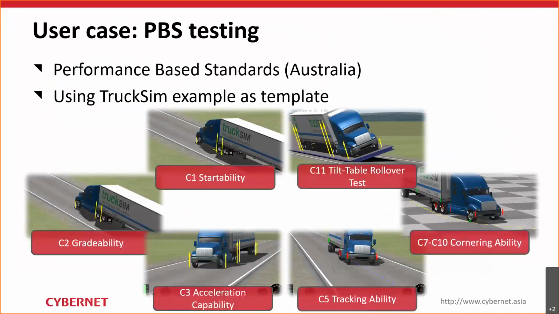Another case is for vehicle design. They use CarSim's example as a template. CarSim has a PBS testing procedure as an example. Our user imports their vehicle model and uses it to test the vehicle's performance.